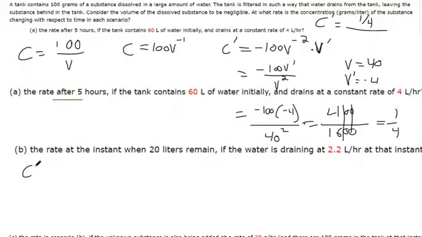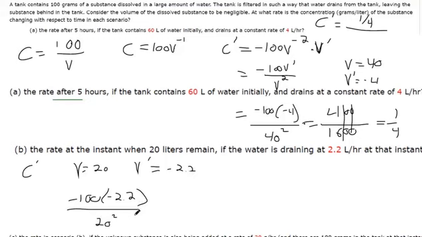B, again, they want C prime. They want the rate at the instant when 20 liters are made. So they're saying the volume is 20, and the water is draining at 2.2 liters per hour at that instant. So that means the volume is changing at negative 2.2 liters per hour. So again, plug all that information into what we had for a formula. That's negative 100 times V prime divided by 20 squared.